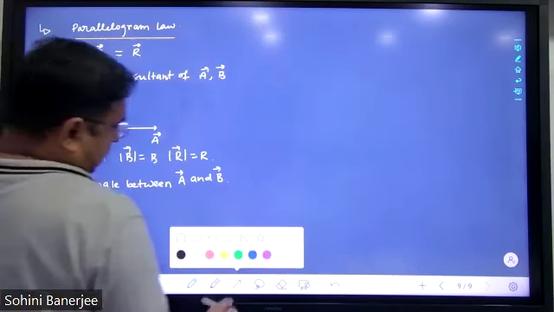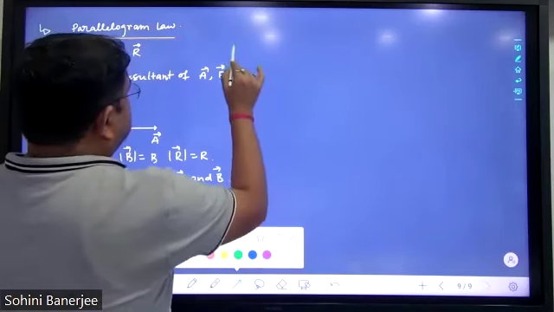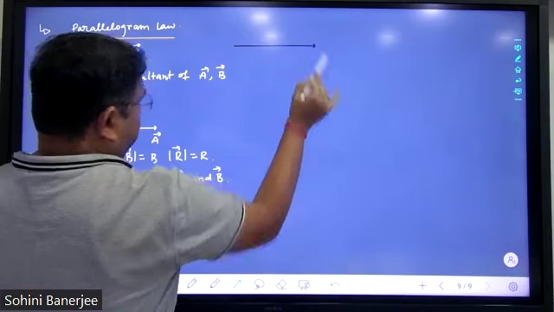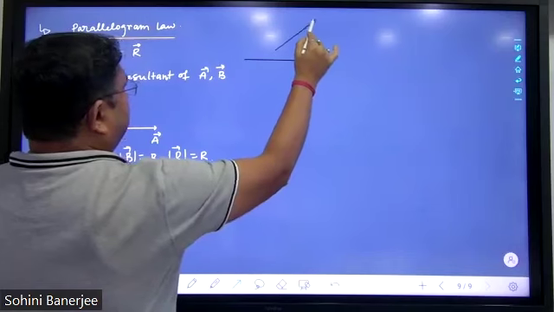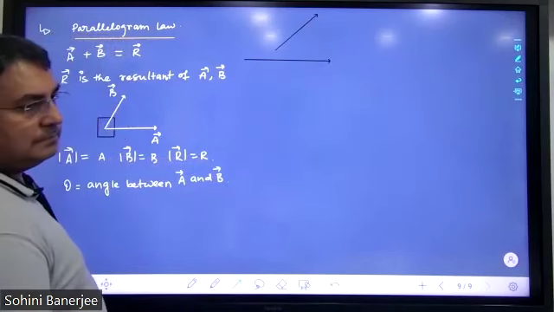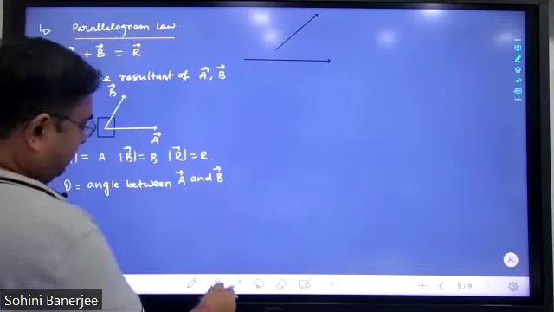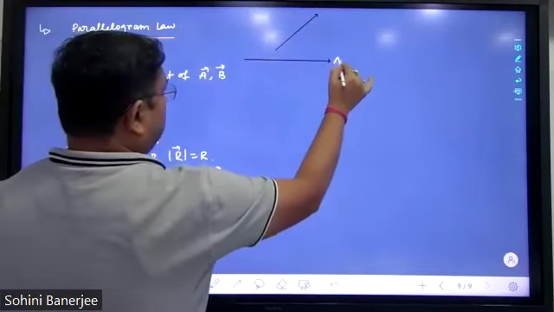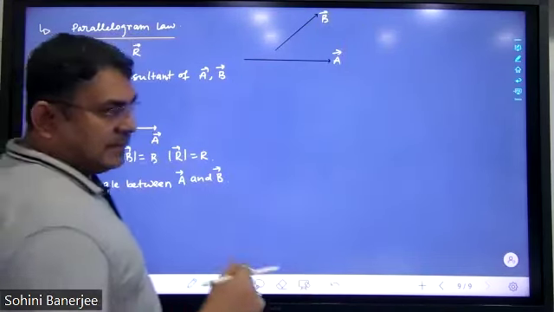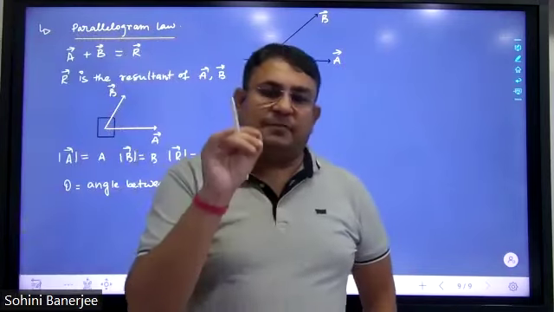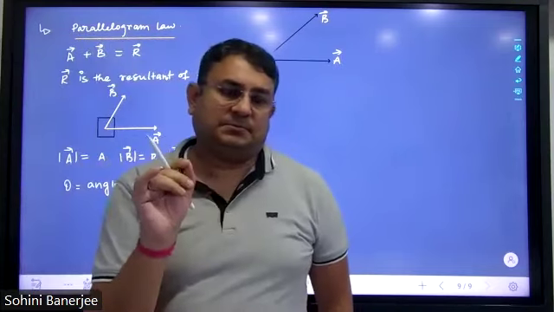So as per the statement, say this is a vector A. And this is a vector B. They can be in any direction. So A and B, these are to be added. So the first thing about the parallelogram law is what? The vectors which are to be added are made co-initial.